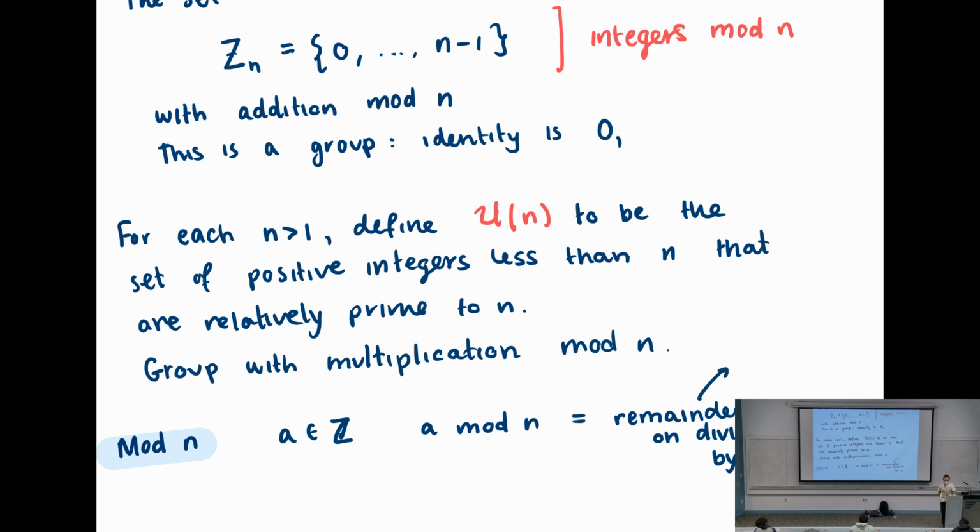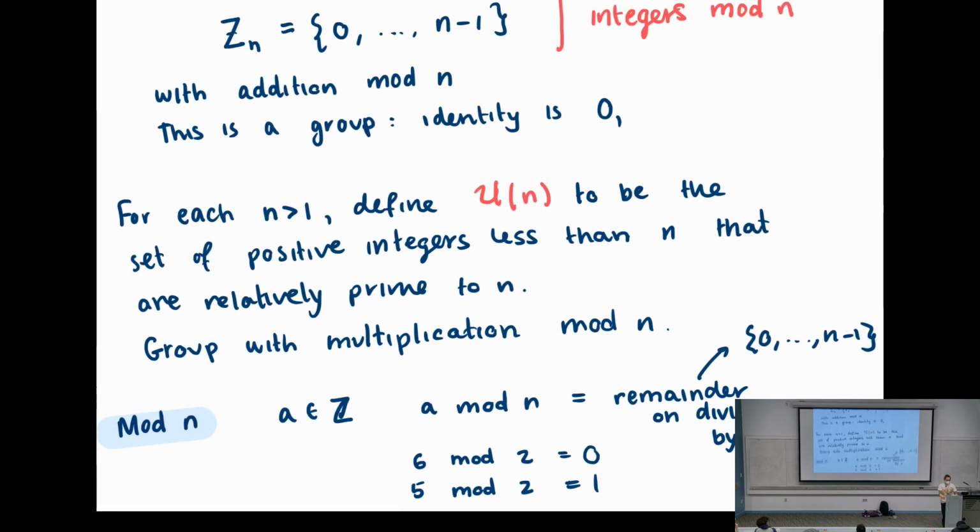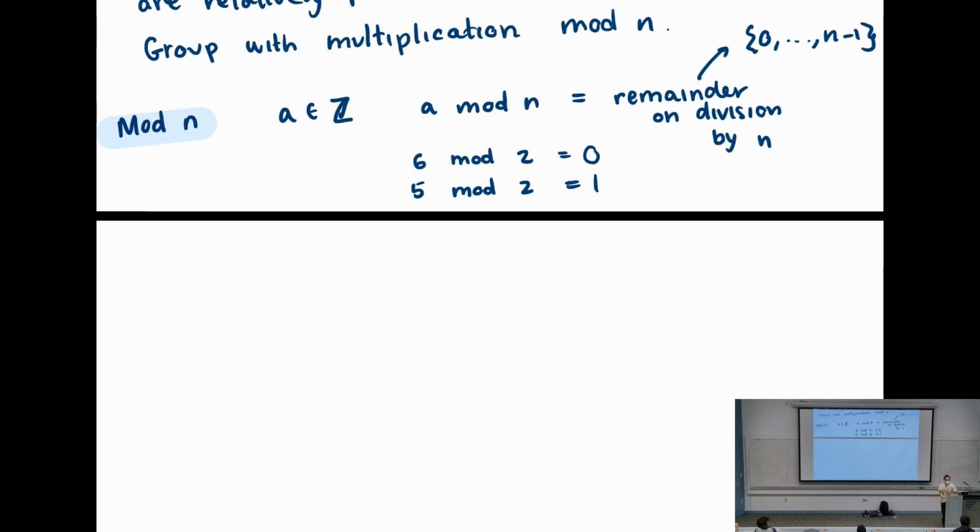So this is some number between 0 and n minus 1. Let's do some examples. 6 mod 2 is 0 because 2 divides 6. 5 mod 2 is 1. Similarly, any even number mod 2 will be 0, and any odd number mod 2 will be 1.